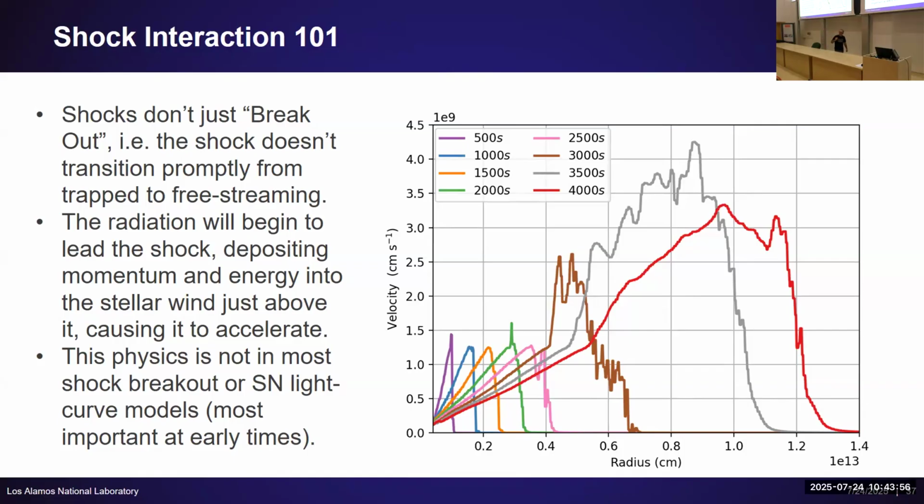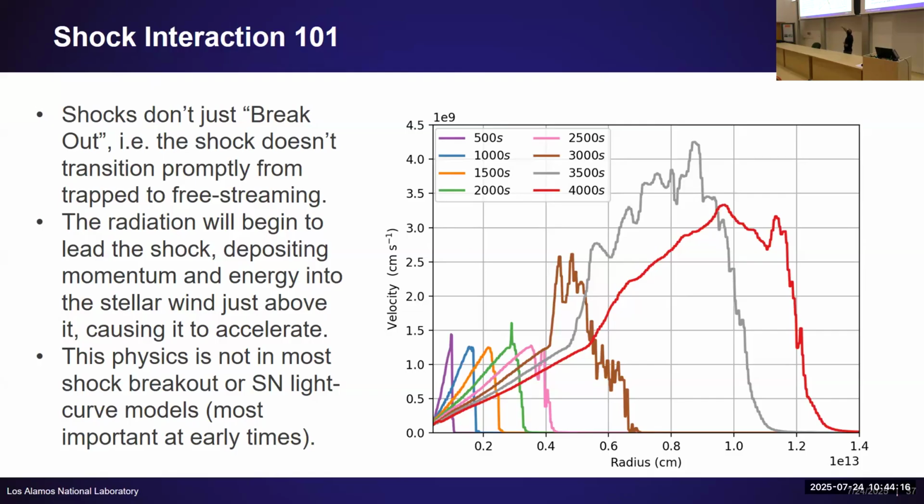The simple shock breakout model is: the photons are trapped, the photons are free, you're good. That's not what happens. What happens is the photons start to lead the shock, and we see this in experiment, by the way. They then interact with the material above the shock, and they accelerate it. They deposit energy and momentum and accelerate it.